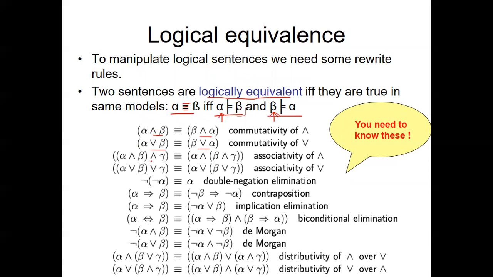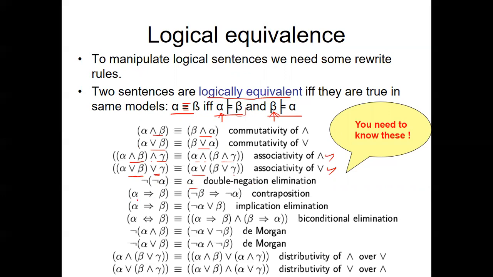This is the rule of commutativity. Alpha and beta and gamma is equivalent to alpha and beta and gamma, grouped differently. Alpha or beta or gamma is equivalent to alpha or beta or gamma, grouped differently. Okay, this is associativity of and, this is associativity of or. Negation of negation alpha is equal to alpha. Double negation will eliminate the negation.